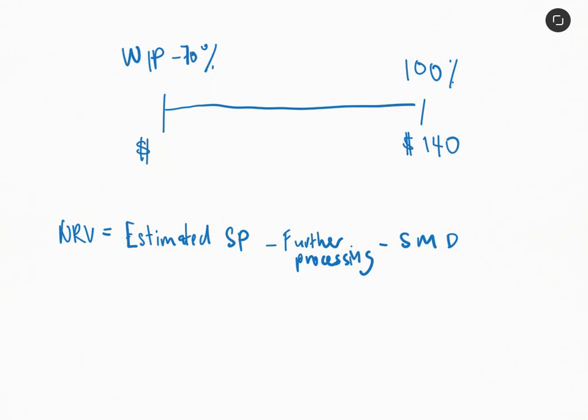Now at 70%, if I were to complete the other 30%, my further processing cost will be 30, for example. Incur 30 so that I can sell at 140. Find the value of WIP at 70%. So you apply the formula. This is your NRV. Estimated selling price is 140. I can sell at 140 after I incur 30. So I minus 30, and the NRV will be 110.